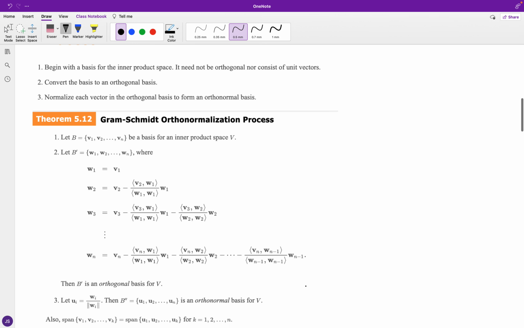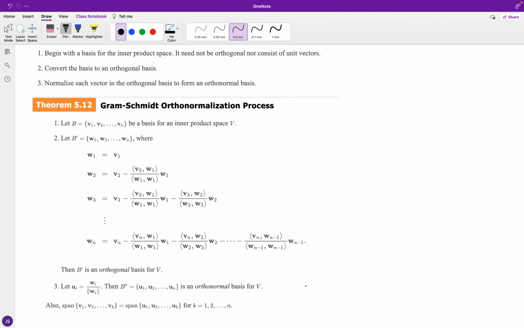We're looking at taking the steps even further, and now writing in terms of unit vector conversion.